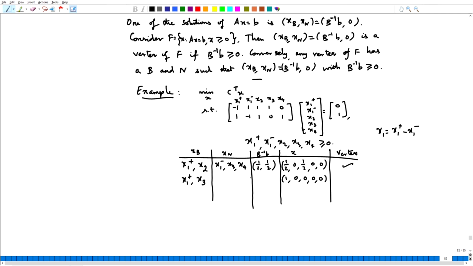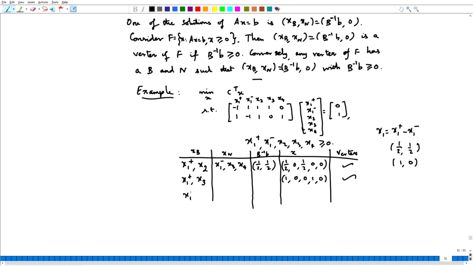This should be 1, sorry. So, this is minus 1 plus 1 is 0 and 1 plus 0 is 1, right. So, the vertex here is 1 comma 0, and that is also a vertex, we know that. So, even using this we have got another vertex. We have got half comma half already, and 1 comma 0 also is a vertex that we have got.